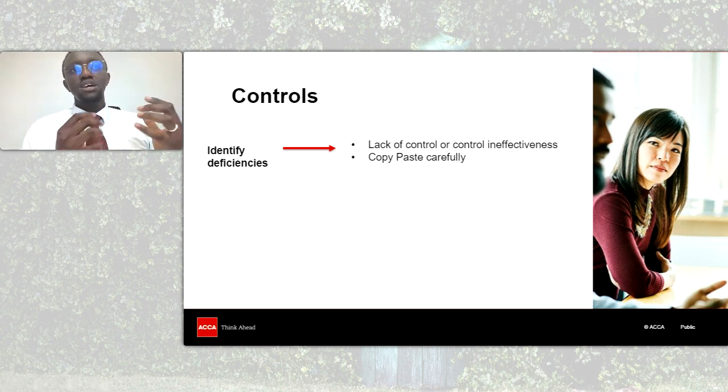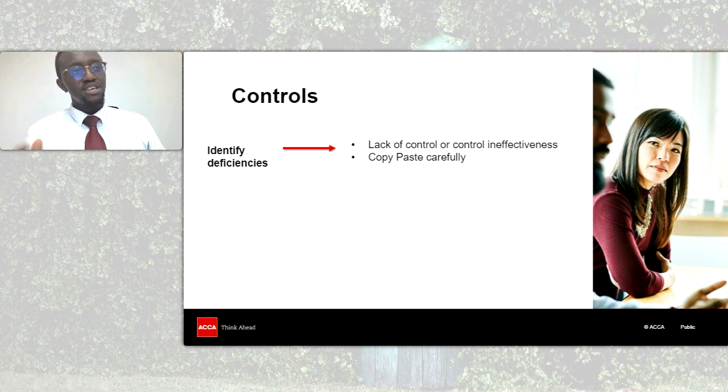For instance, you guys perform bank reconciliations, but you don't perform it monthly. So the problem here is not that there's no bank reconciliation, it's how it's operating. It's meant to be done monthly, but you don't do it monthly. So that's a deficiency: you've identified the control, but it's not operating effectively.